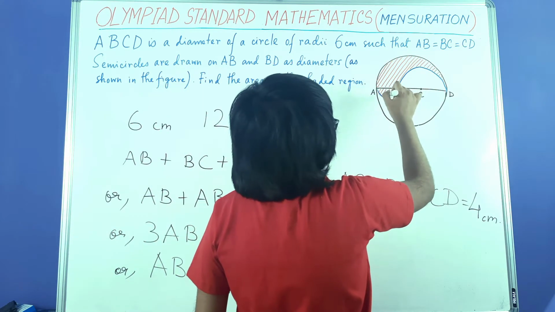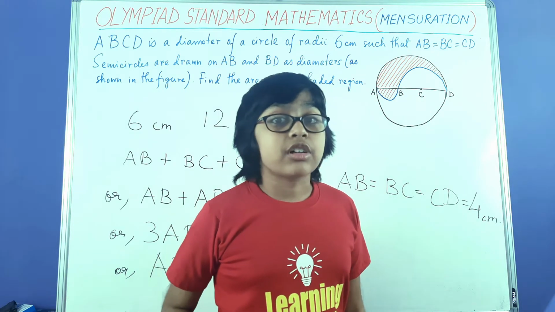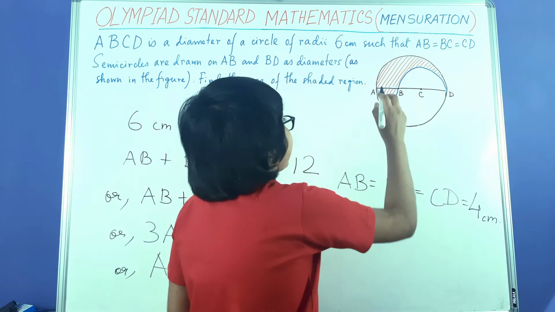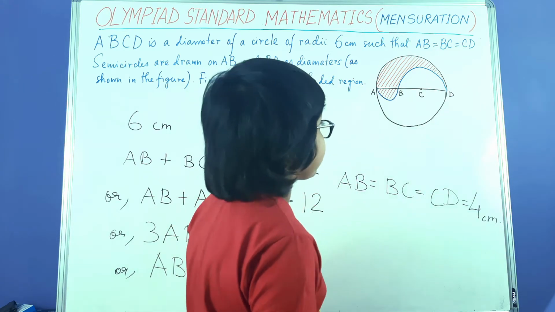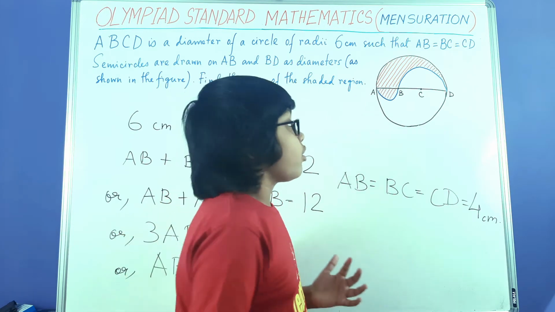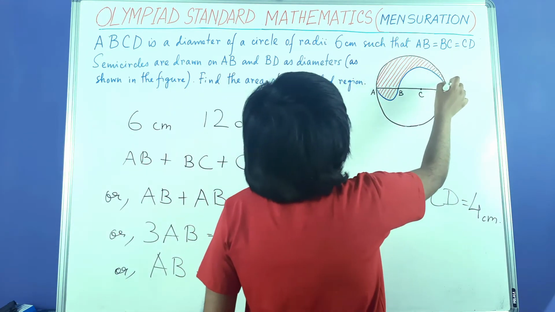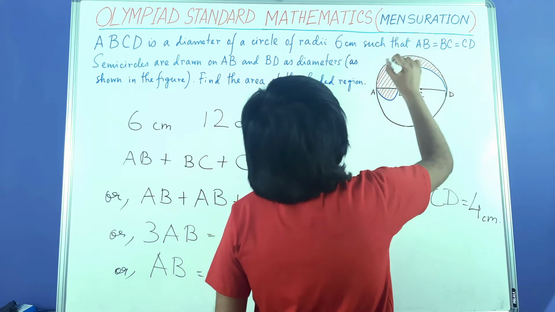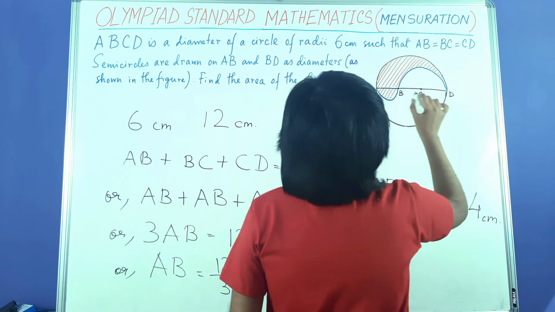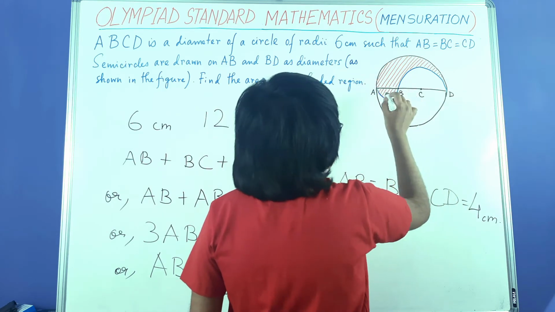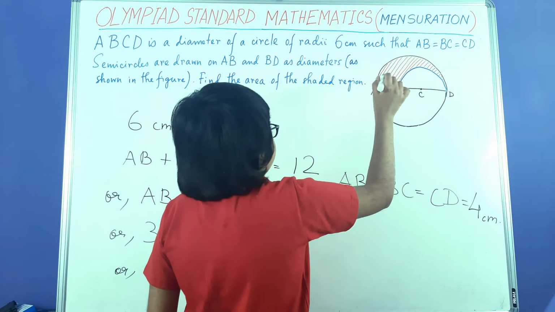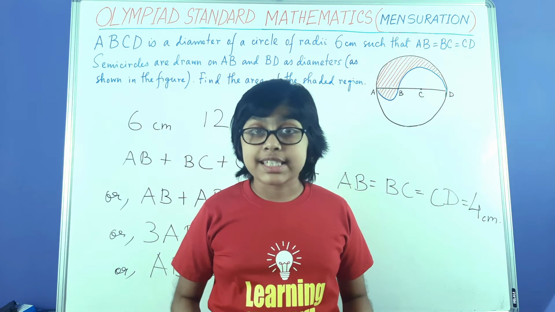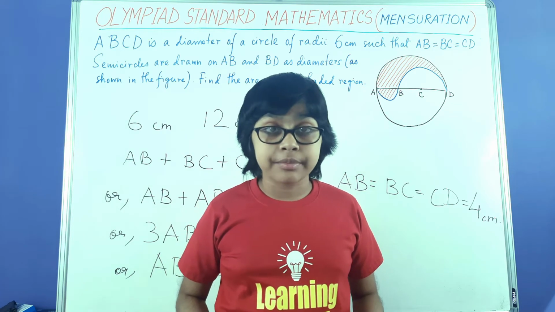And finally, the small semicircle with diameter AB. We need to subtract the area of the medium-sized semicircle from the area of the bigger semicircle with diameter AD, and finally add the area of the small semicircle. So I'm erasing the board and we can move on to finding the area of the shaded region.